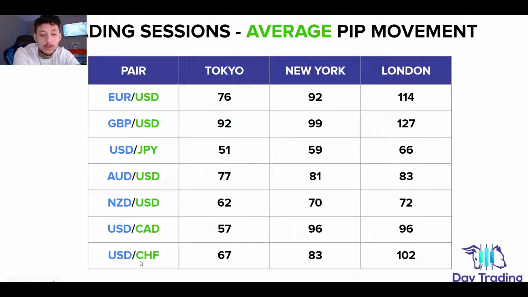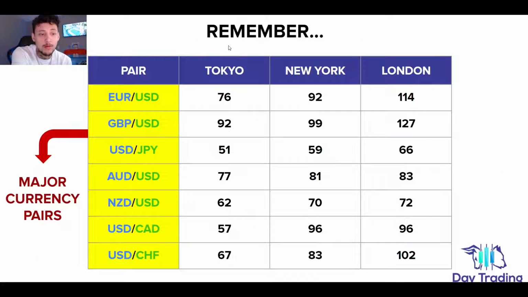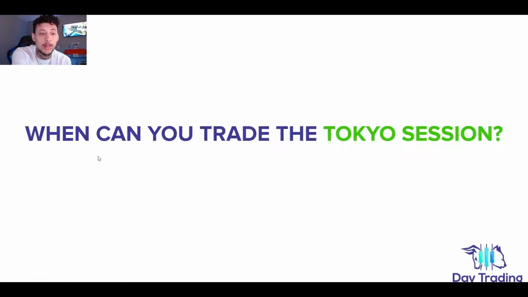Then if we look at USD/CHF, it moves on average during the Tokyo session 67 pips, then 83 pips for New York, then 102 pips for the London session. Now, let's look at the trading sessions' average pip movement, and notice again that the London session provides the most movement. This is when you're going to see the most volume in the market. Now remember, these are our major currency pairs.